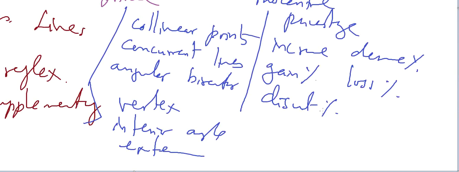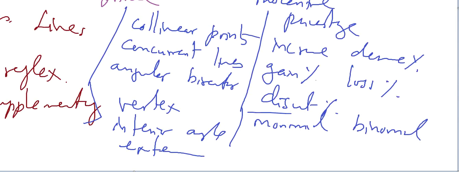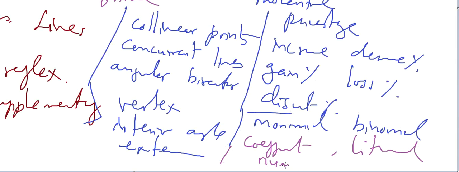If you take polynomial, what is a monomial, what is a binomial, trinomial, and so on. And what is the meaning of coefficient? What is a literal coefficient? What is a numeric coefficient?